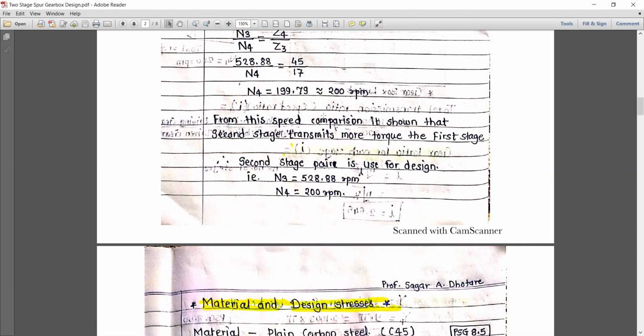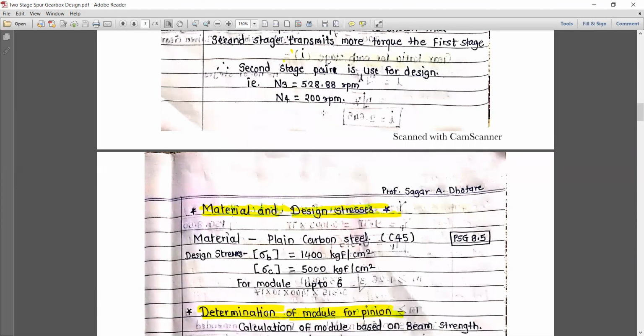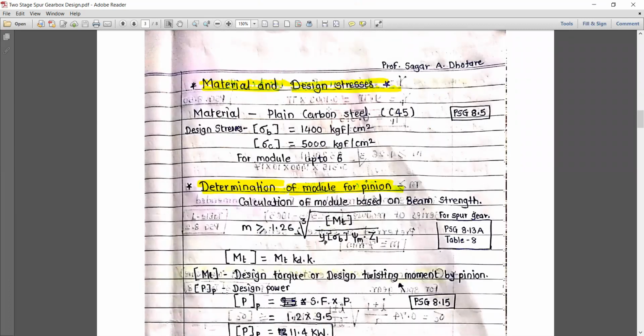So the pair used for design is n3 and n4, that is 528.88 and 200 rpm. Now find out the material.